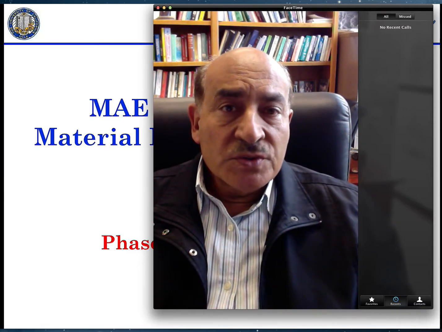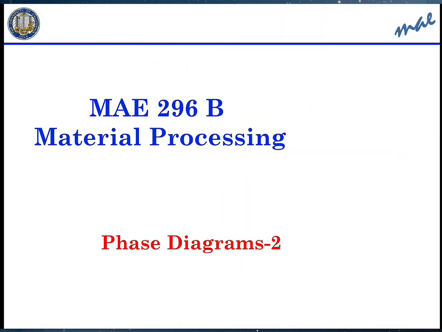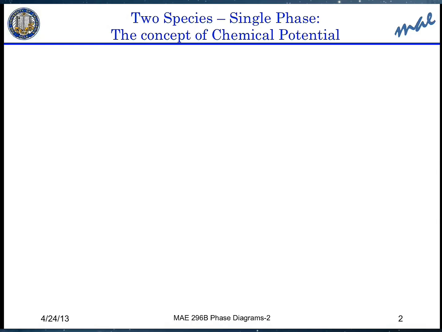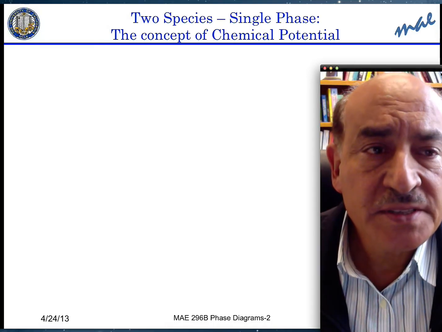So I'm going to start the lecture here, and here's the title of the lecture, in which we have material processing and the study of phase diagrams. So first, I'm going to discuss the concept of chemical potential for two species and one single phase.